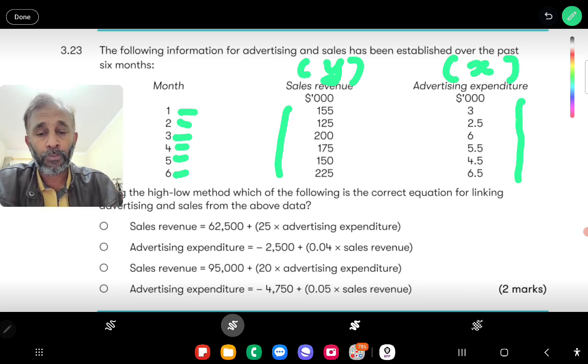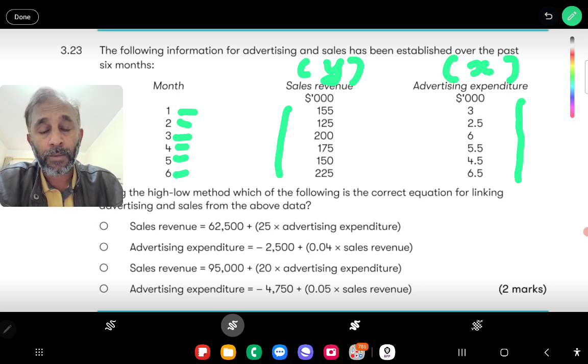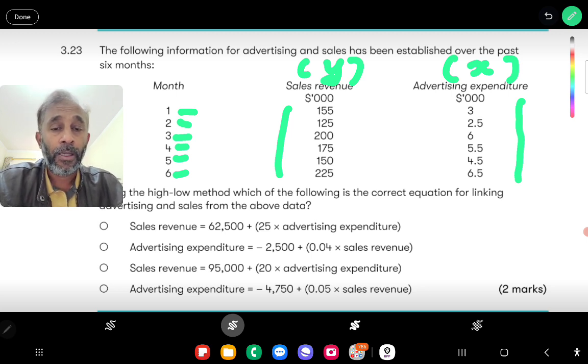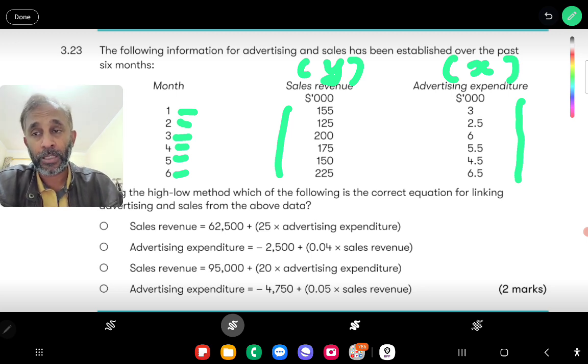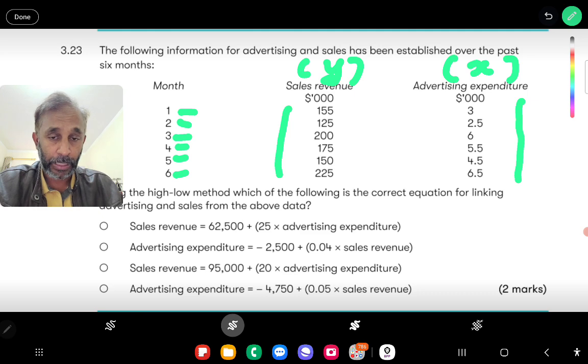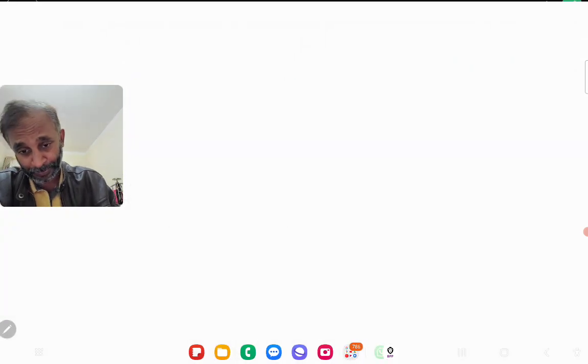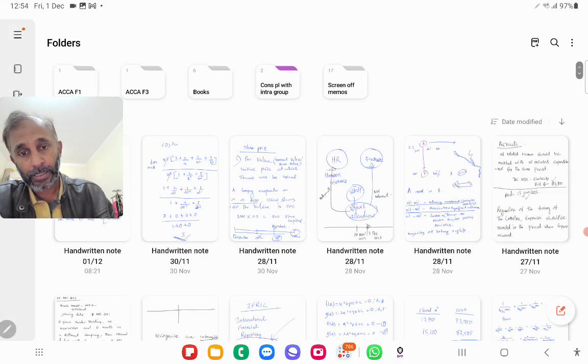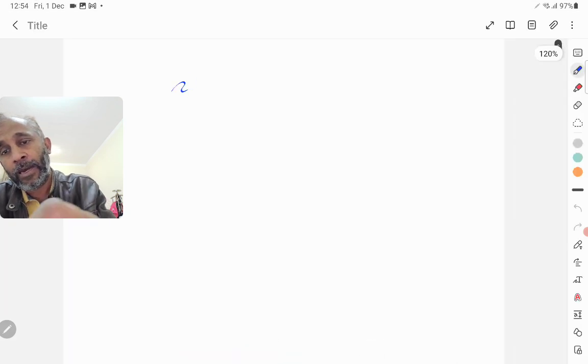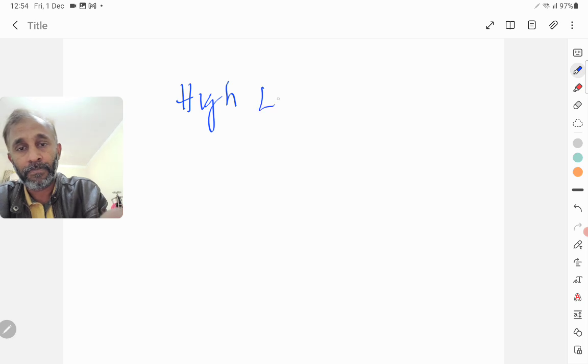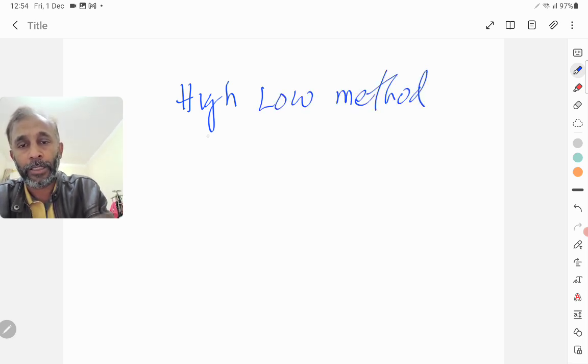Now the most important factor here is to find out the variable cost component and the fixed cost component. In doing that, we have something called the high-low method.